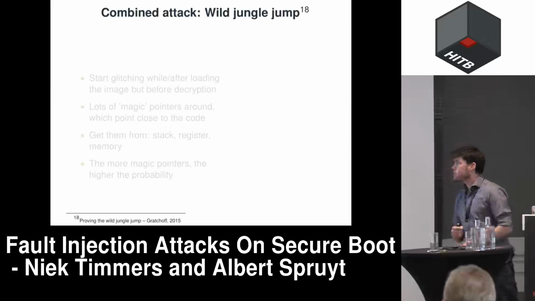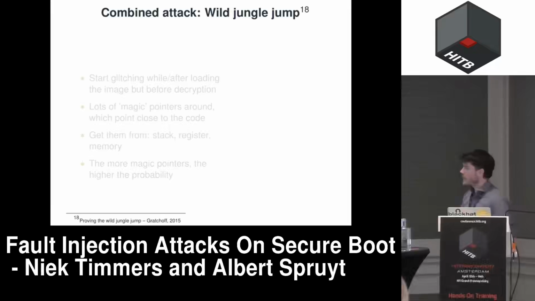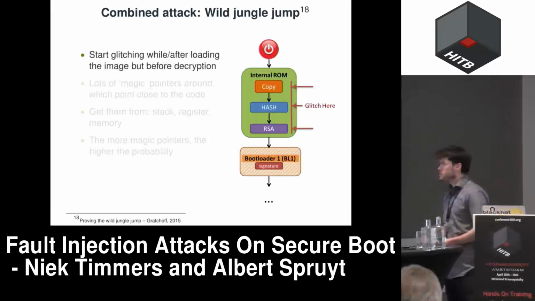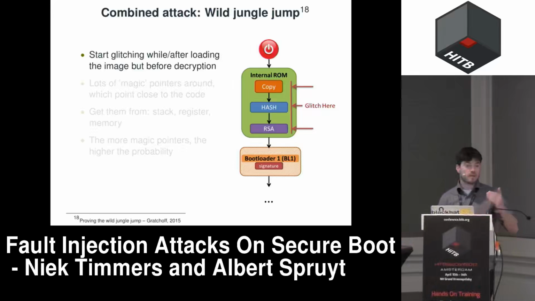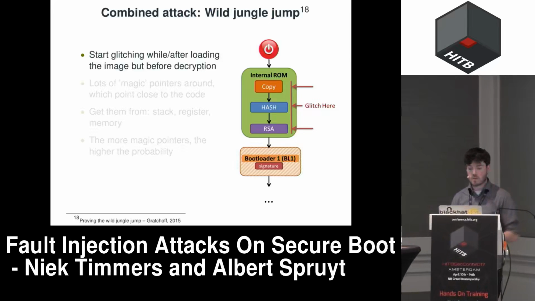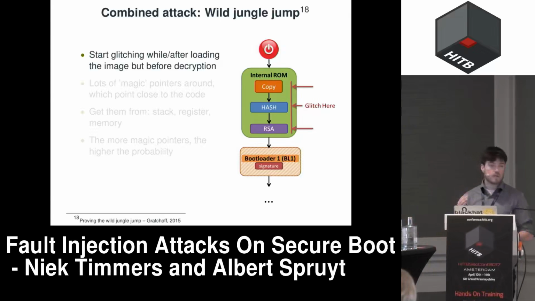Okay, so for our next combined attack, which we call the wild jungle jump, the basic idea is you start glitching after the device has started to copy memory, to copy the flash contents, but before it has fully decrypted the image or fully completed the RSA computation.